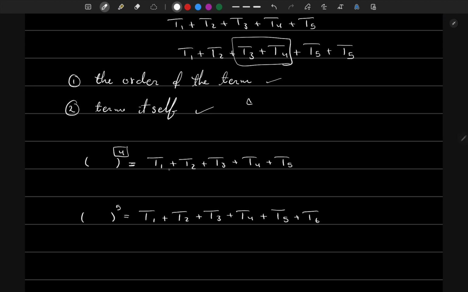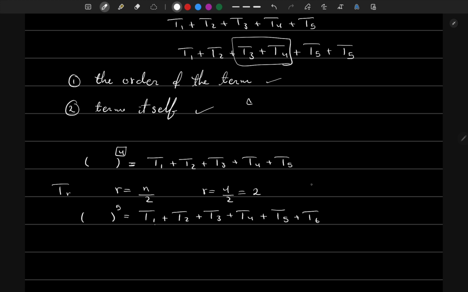Now remember that it's t r, so r stands for the order of the term. Now in case I have an odd number of terms, r is going to equal n divided by 2. So for example, if I have a bracket that is raised to the power of 4, r is going to equal 4 divided by 2, and so it equals 2.